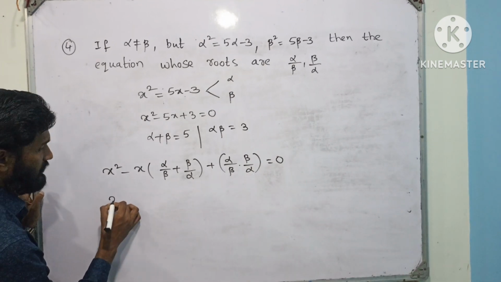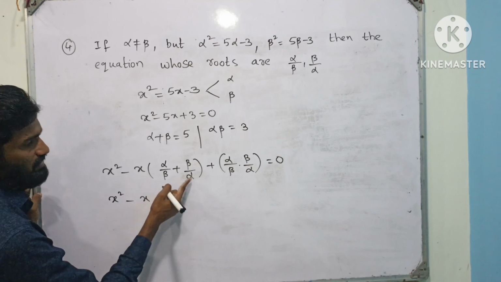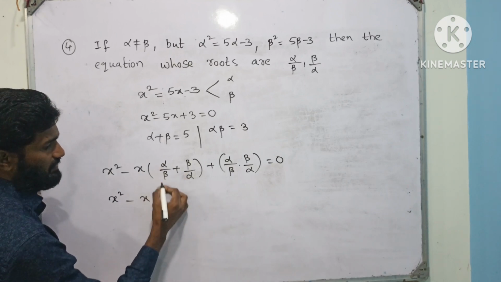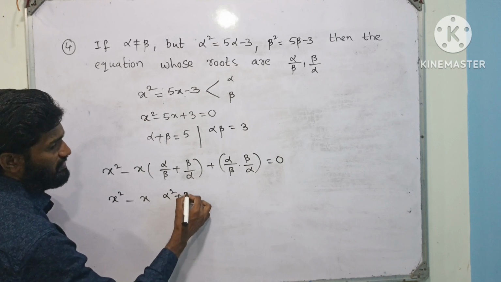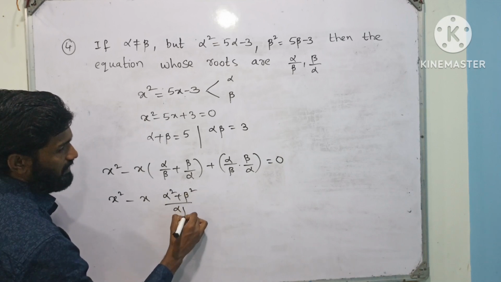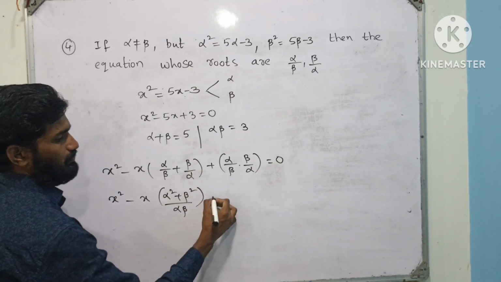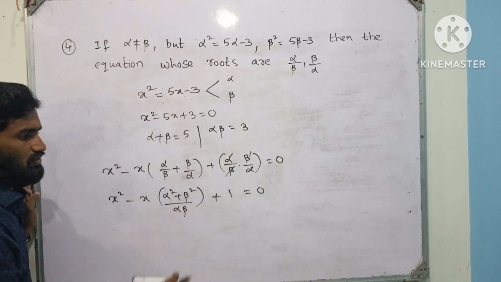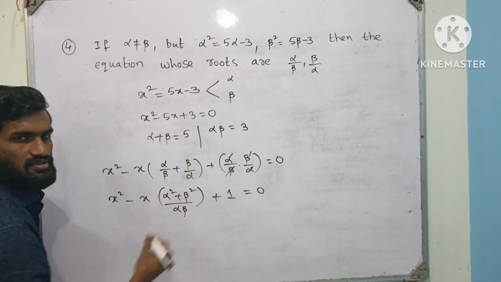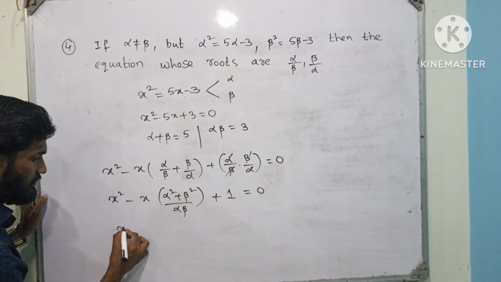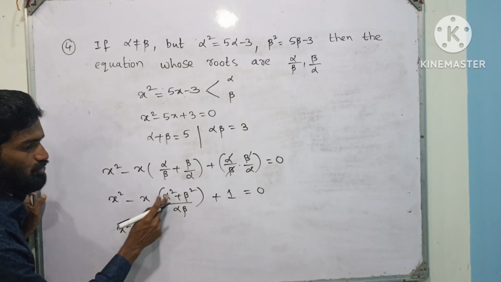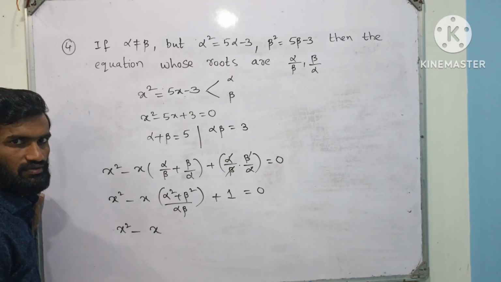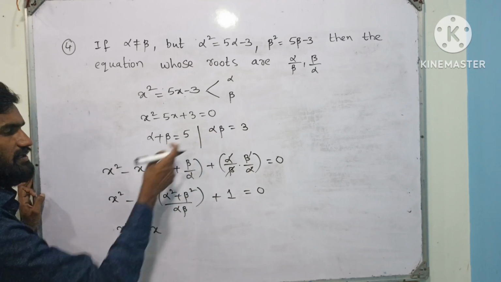Right? Now x square minus x into, if I take LCM here, alpha square plus beta square by alpha beta plus alpha cancel, beta cancel, which is equals to 0, 1, which is equals to 0. Now x square minus x into, we don't know what is alpha square plus beta square. We know only alpha plus beta and alpha beta.